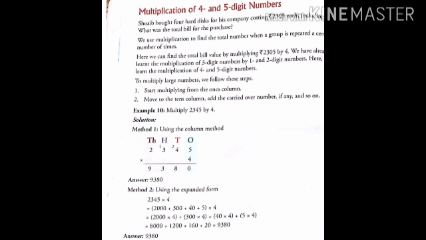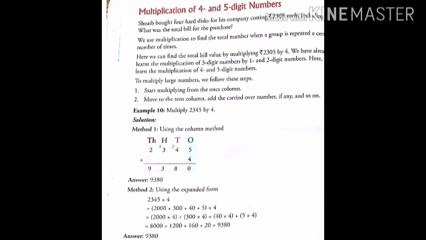Already you know that. And next one is using the expanded method. 2345, we will split that number. We can split it as 2000 plus 300 plus 40 plus 5. That is, we will split that number according to its place value. Then multiply it with 4.